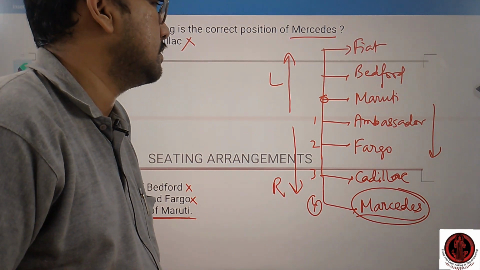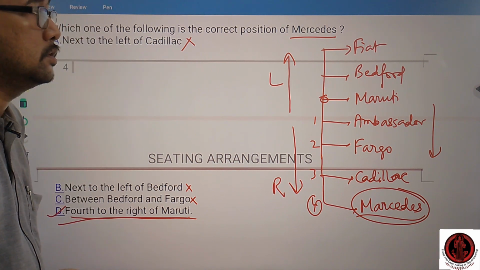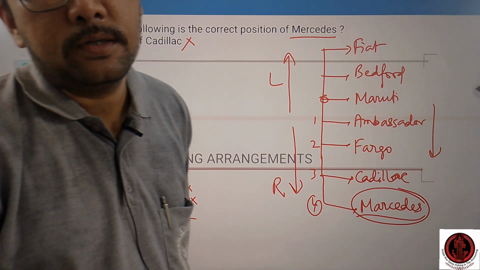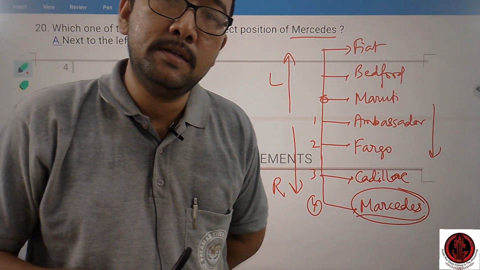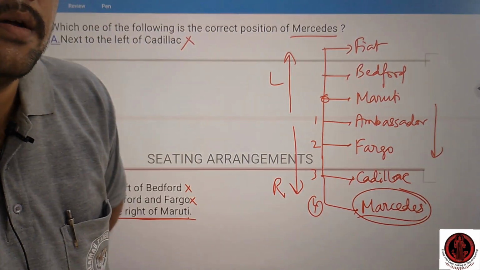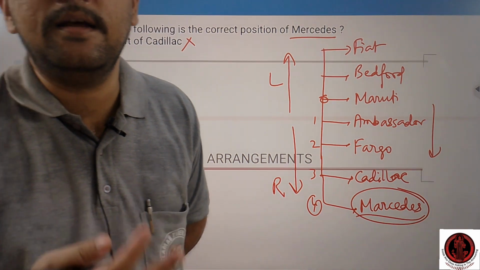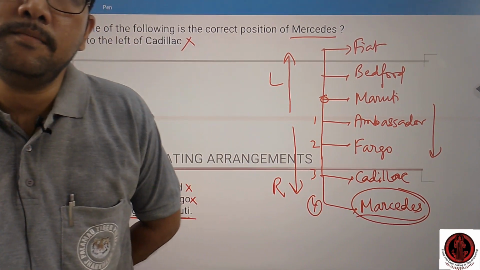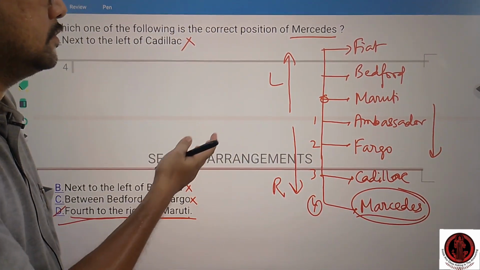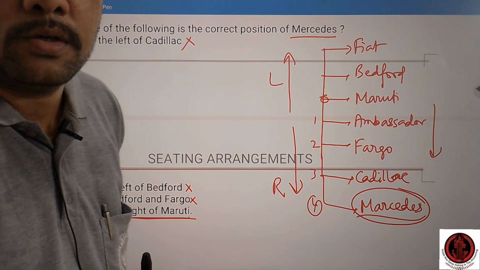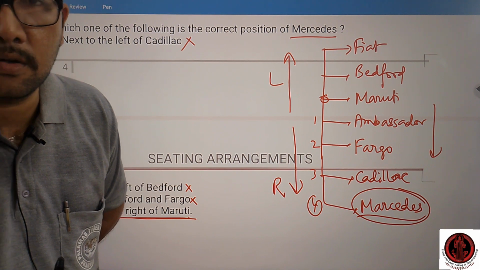After drawing the diagram, you solve the problems based on it. Generally, 5 problems come from one sitting arrangement. So if this takes time, don't worry, because after drawing the diagram you can solve all 5 problems.